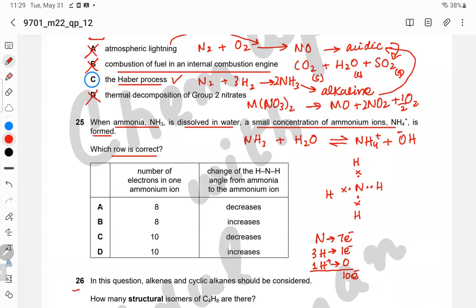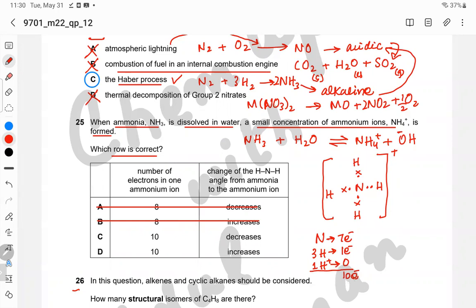So we have 10 electrons, which means option A is wrong and option B is wrong. Is this clear to everyone? Okay, Hamna. Beta, Munir, ammonium is an ion, and in that ion we have 1 hydrogen ion, which means it has no electron. 3 hydrogen atoms, each have 1 electron, which means 3 electrons, and 1 nitrogen atom, which has 7 electrons.